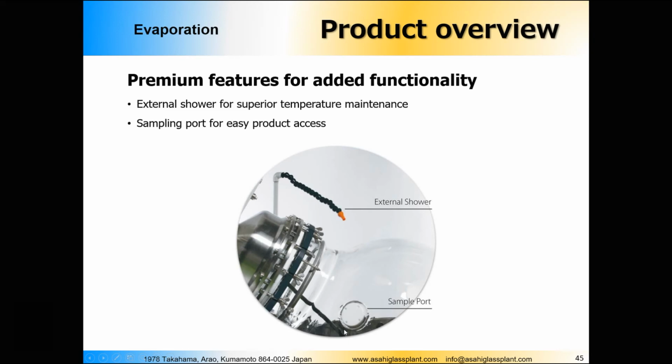We need to take out a sample and measure the amount of solvent that remains inside the powder. For other manufacturers, we need to disassemble the flask, take out the sample, and then assemble the flask again. For Asahi, we do not need to do this. We just open the sampling port, which is made in the evaporating flask, and this is a unique thing. You open the sampling port, you take out the sample, you close the port, and you continue the drying process.